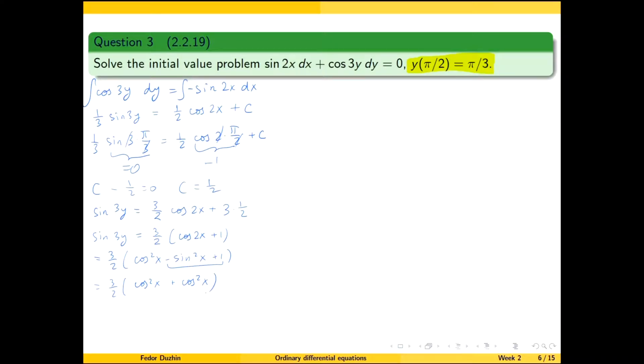And then basically it cancels out. So this whole thing is just 3 cosine square x. Alright, so we've got this equation that sine of 3y is 3 times cosine square x.